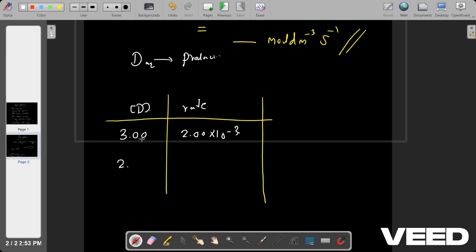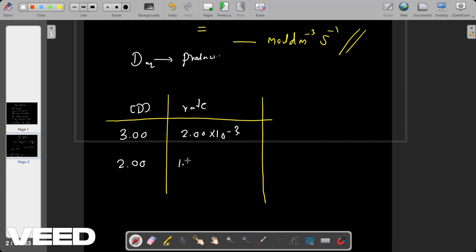Initial rate means at the beginning. In a second reaction, when the initial concentration was taken as this, the rate came as 6.60 times 10 to the power of minus 4.